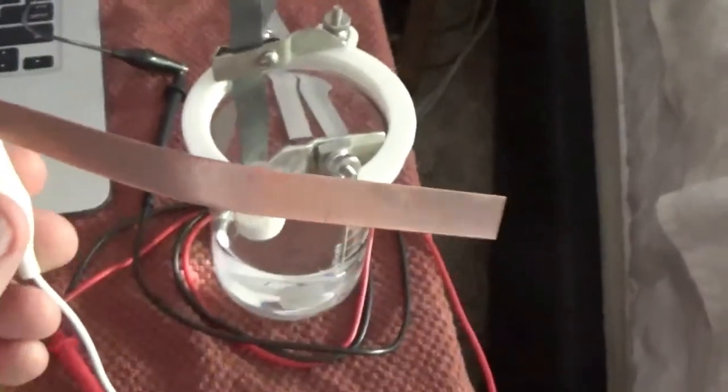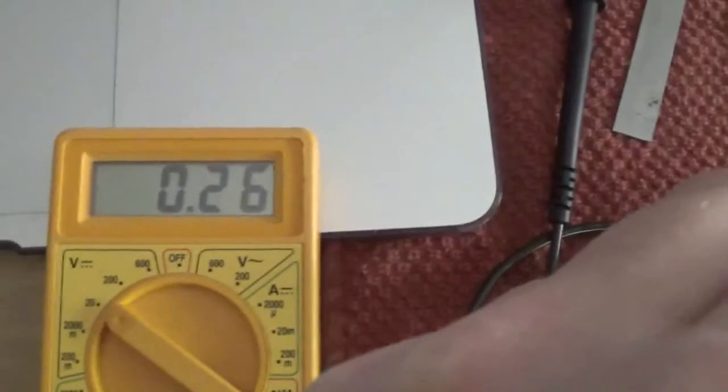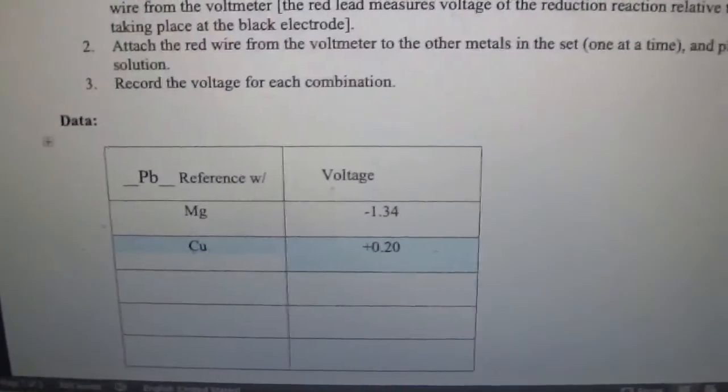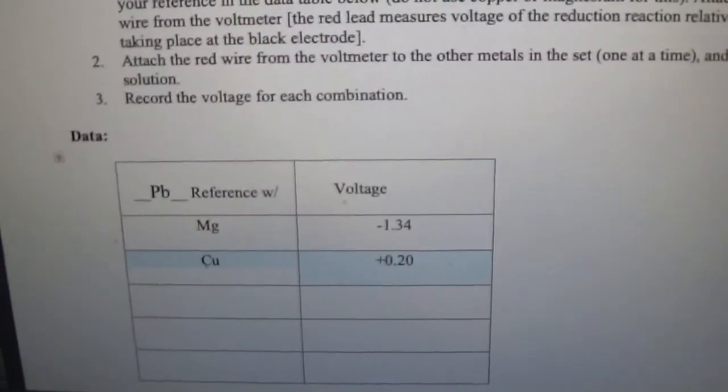This time I have copper metal in with the lead, and again, I can't let them touch. Now what do I see? Positive 0.20. I recorded that in my data table. Copper is positive 0.20 volts. Now I have a piece of zinc attached. I'm going to put that in with my lead. What does it say?